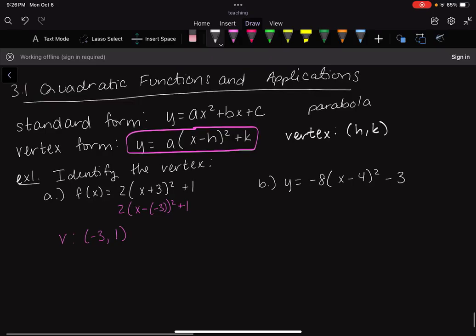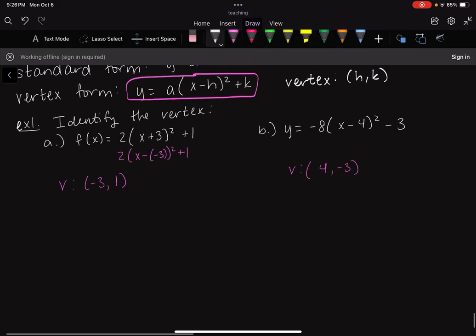The vertex being h, k. Vertex is the most important point, really, on a parabola. It's always going to be our first point to graph. For part B, my vertex, you should do it on your own, but it would be 4, negative 3.